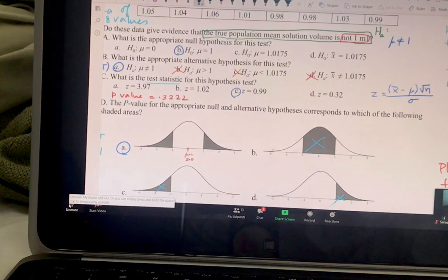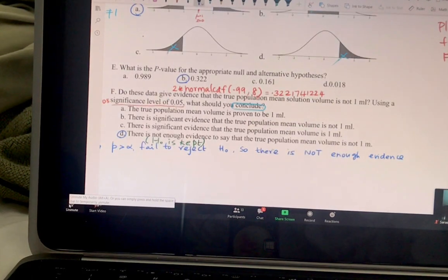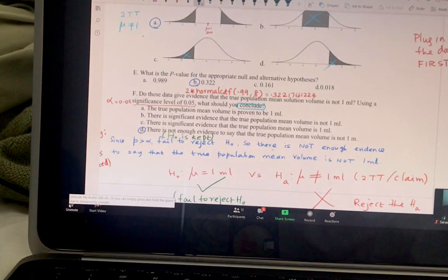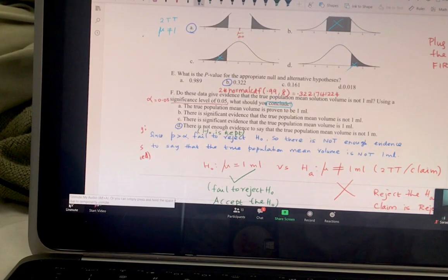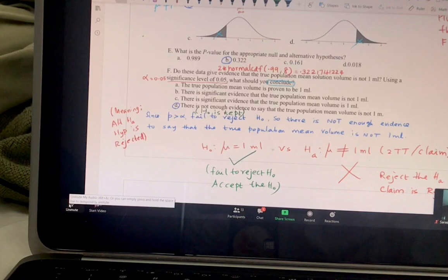So now I am going to be choosing out of the 4 sentences which is the most appropriate one, the D. There is not enough evidence to say that the true population mean volume is not equal to 1. Or since the p-value is greater than alpha, this part is tricky. You have to understand the final conclusion that I said. Smaller the p-value, reject the null hypothesis.